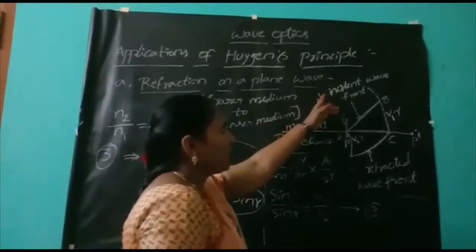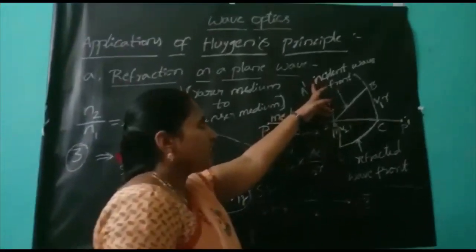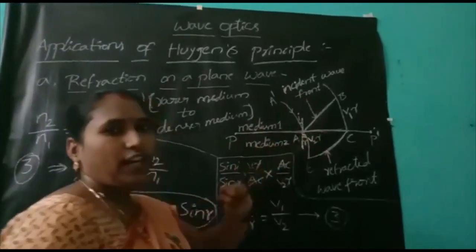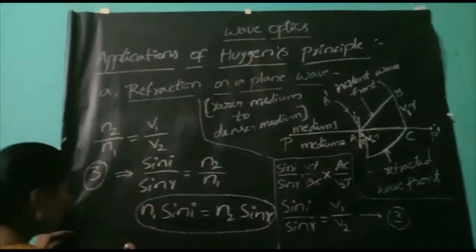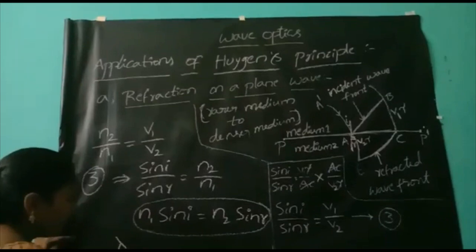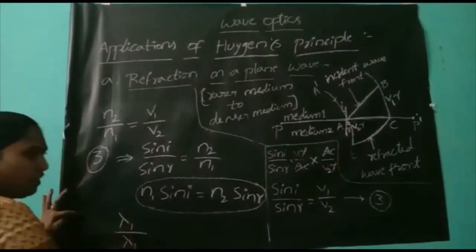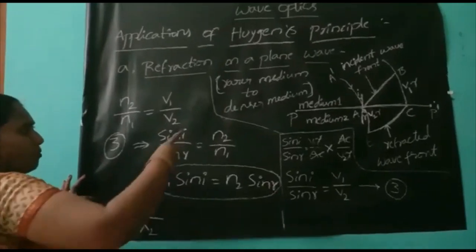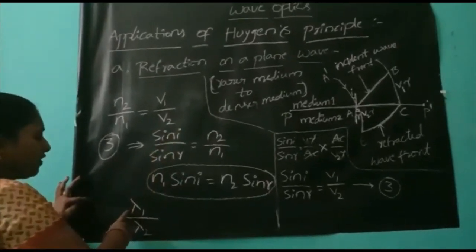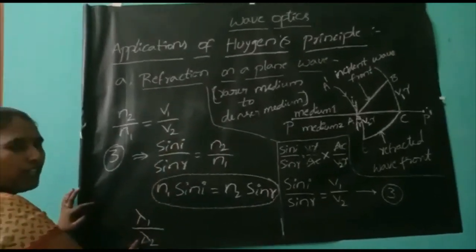The ratio between the wavelength of the incident wave and the refracted wave, that means lambda 1 by lambda 2, where lambda 1 is the wavelength of medium 1 and lambda 2 is the wavelength of the second medium.